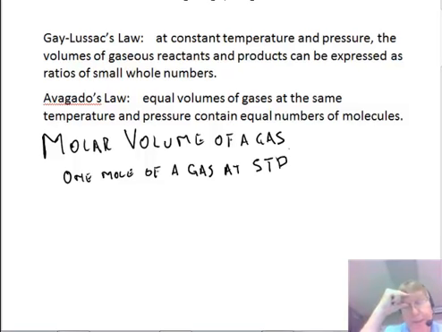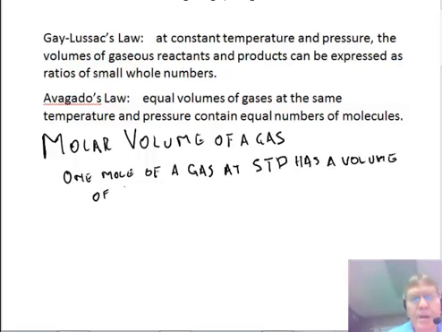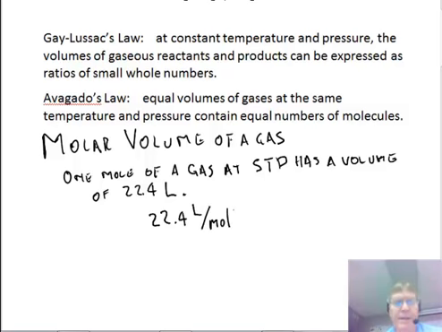That stands for standard temperature and pressure. So 1 mole of a gas at STP has a volume of 22.4 liters. And so we refer to that as the molar volume of a gas. That number, and you should commit this one to memory, 22.4 liters per mole. This is the molar volume of a gas.